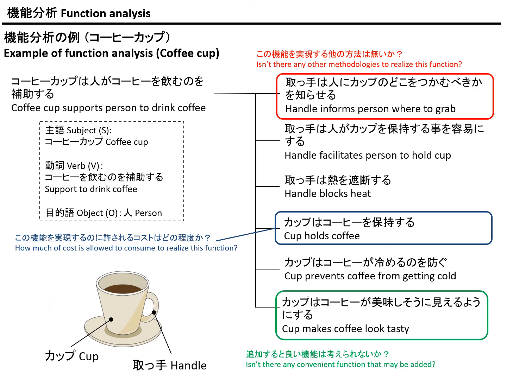And you may ask another question: isn't there any convenient function that may be added? Cup makes coffee look tasty. It could be a new value which could be installed on a coffee cup. So this is an example of how we may use function analysis.